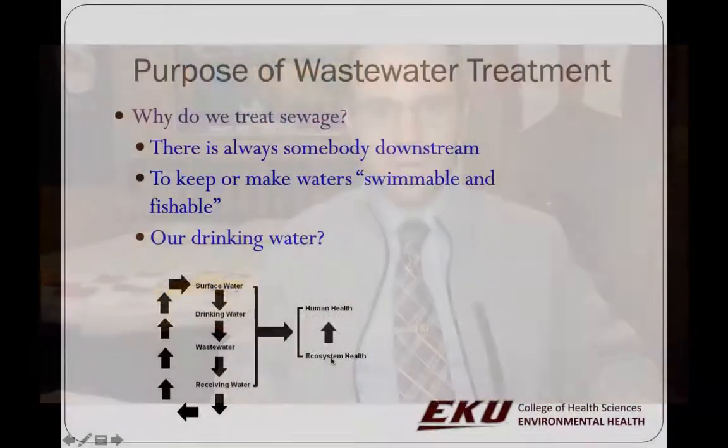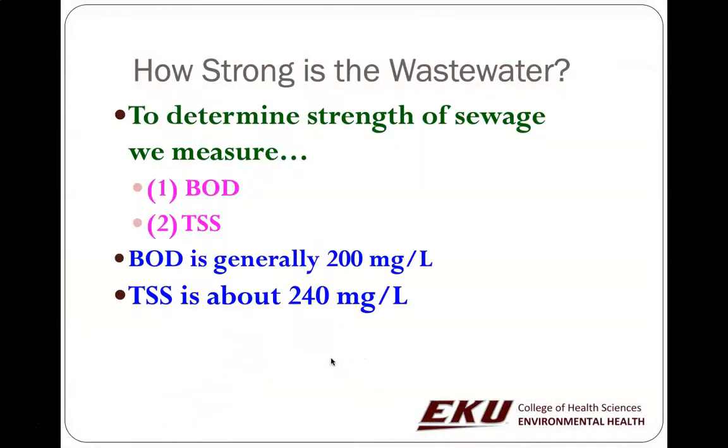Moving on into this next section, we need to figure out how strong our wastewater is. You remember the two major measures of determining sewage strength are BOD and TSS. BOD is biochemical oxygen demand, and TSS is total suspended solids. In many cases, the sewage coming into a wastewater plant has a BOD of at least 200 milligrams per liter.